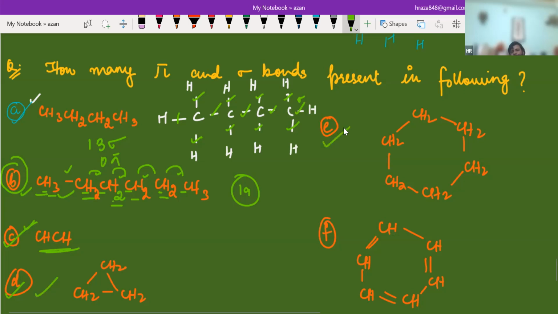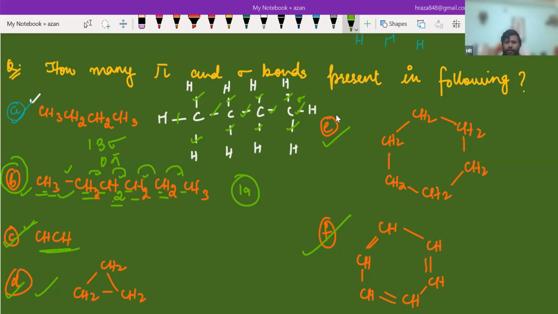About this, E. How many sigma bond in E? Very good. Tell me about this, sigma and pi bond. 9 sigma, and what about pi?